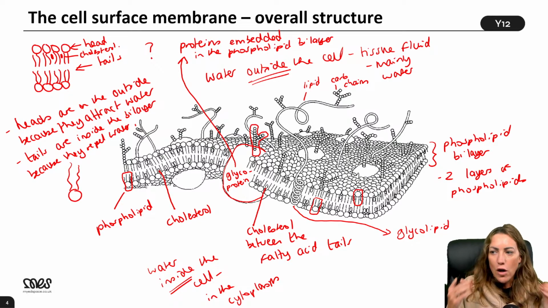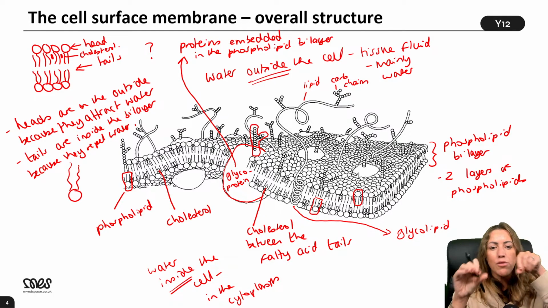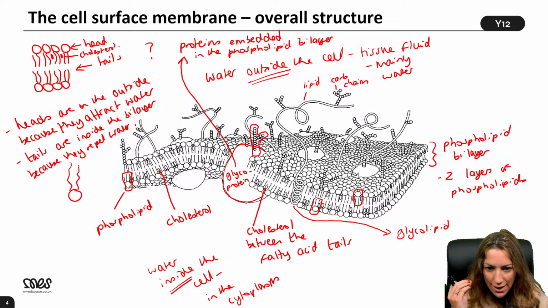So you've got your phospholipid bilayer, which is key terminology. We've also got cholesterol. We've also got some glycoproteins, carb plus protein. We've got some glycolipids, yeah, carb plus lipid. And these are all kind of embedded or dotted throughout the phospholipid bilayer.